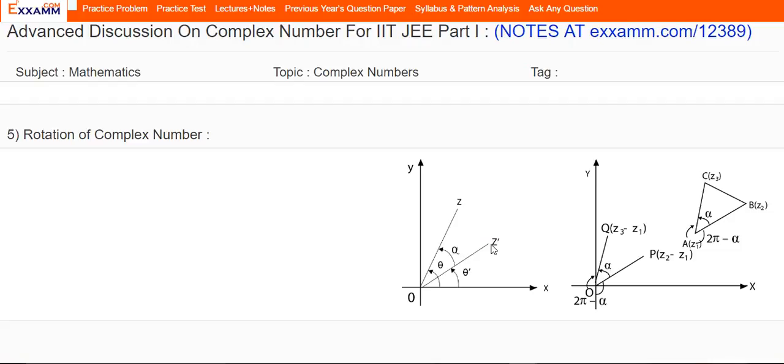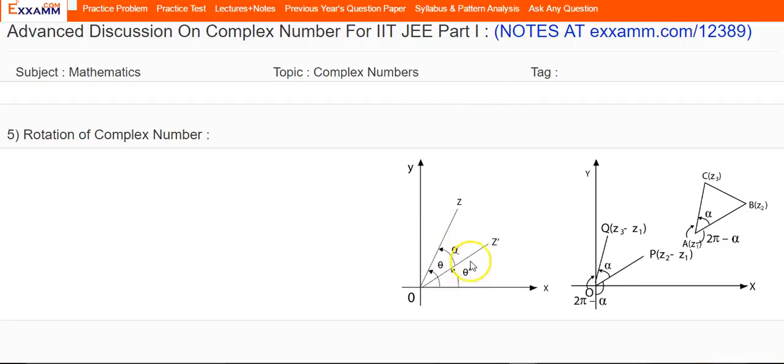Okay, to develop the general concept of rotation of complex number, let us take two complex numbers z dash and z such that the angle between z dash and z, the difference between the arguments of these two complex numbers, is alpha. That is, if z is rotated by an angle alpha in counterclockwise direction, it will merge here, or if the modulus of z dash is greater than modulus of z, then it would be an extension of OZ, but it would lie on the line joining OZ.